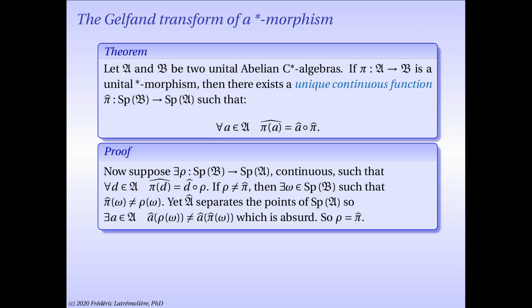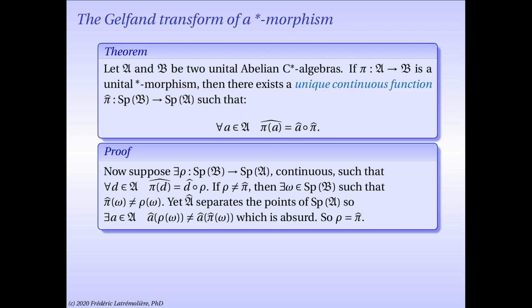So assume they're different, which, since they're functions on the spectrum of B, means there is a character of B on which they take a different value. But the Gelfand transform applied to the C-algebra A separates the points. In other words, we actually know that the Gelfand transform applied to the C-algebra A is the entirety of the continuous functions on the spectrum of A. So given that, it separates points, so there must be some element in the range of the Gelfand transform.